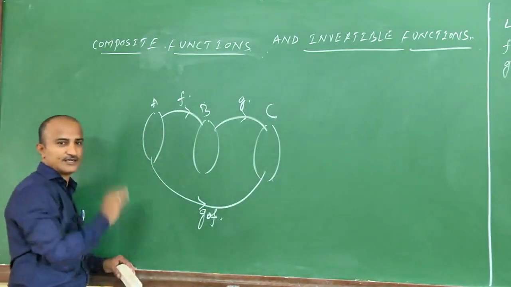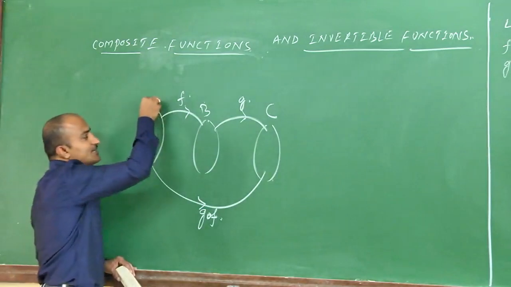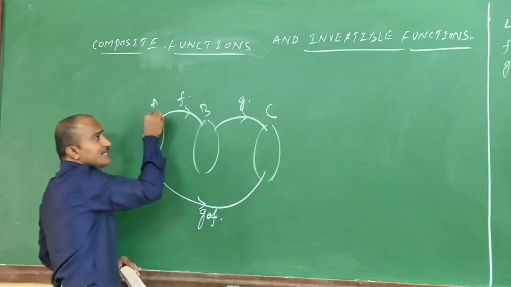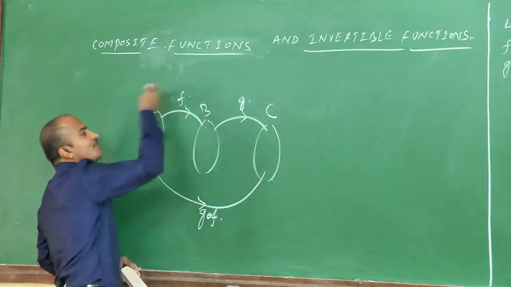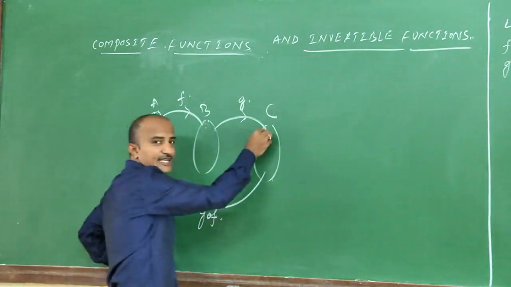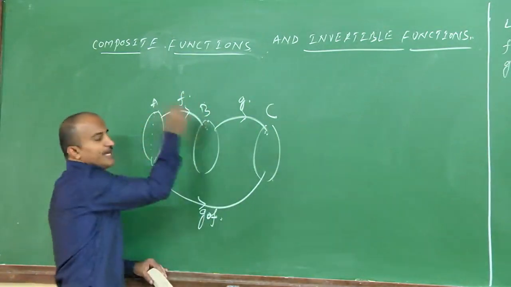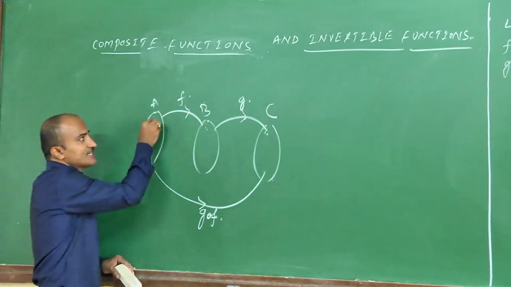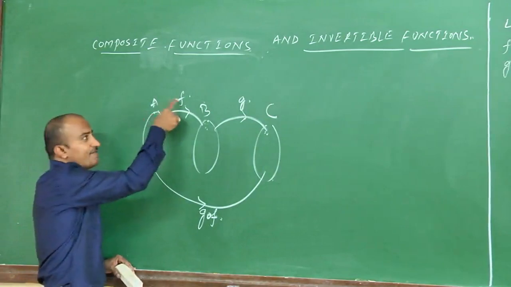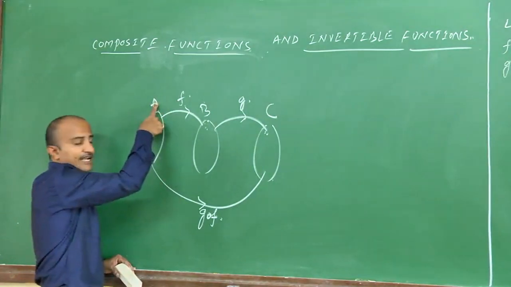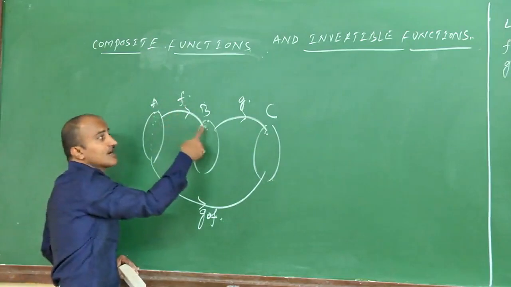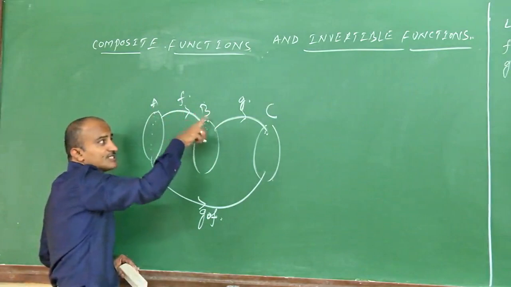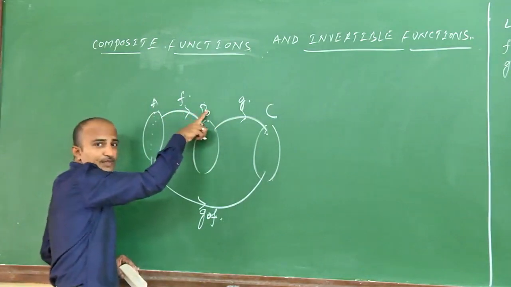Or in other words, suppose A contains some persons, B contains the mothers of persons in A, and C contains the fathers of persons in B. Now look here.